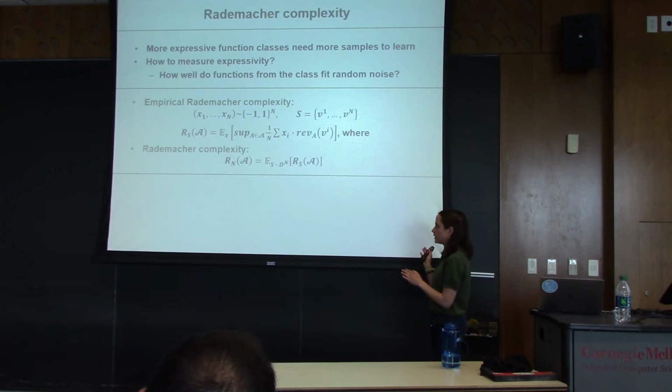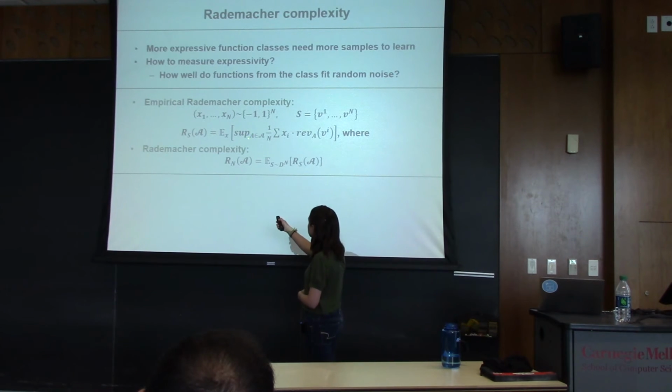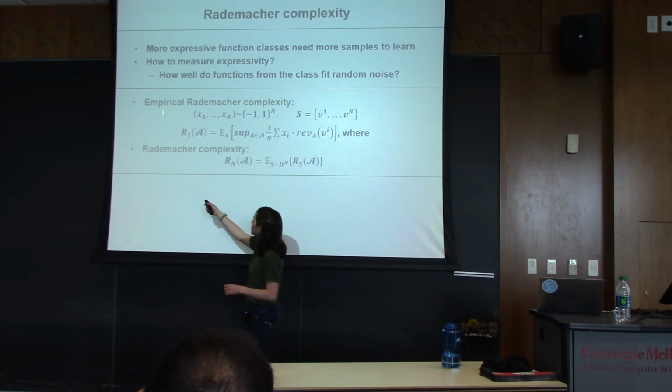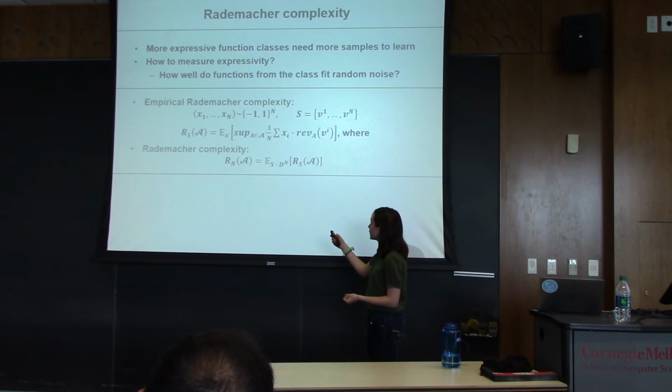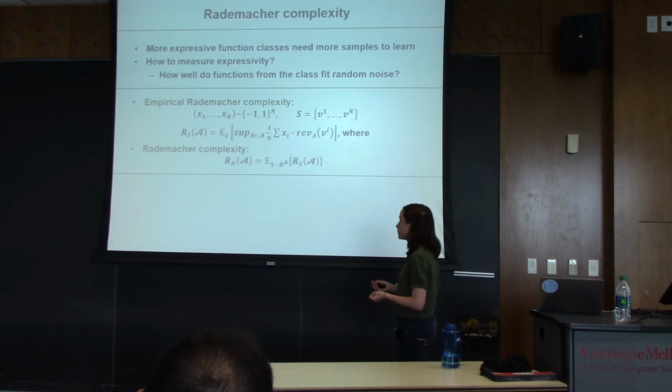It's okay if these equations don't make sense the first time, but basically what's going on here is that, in the empirical Rademacher complexity, I'm fixing a sample, and the sup measures the extent to which functions in that class can fit these random noise variables, which are drawn uniformly from -1 or 1.